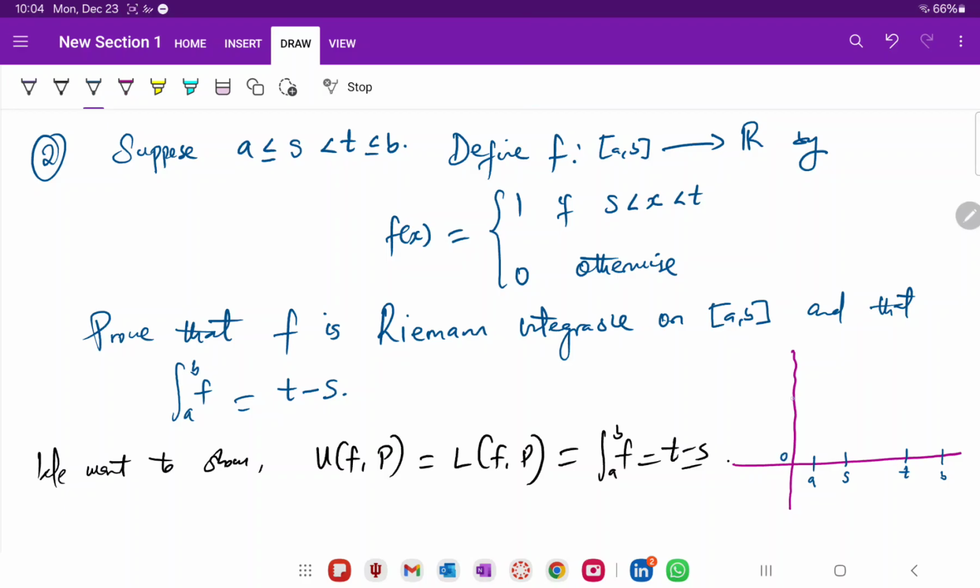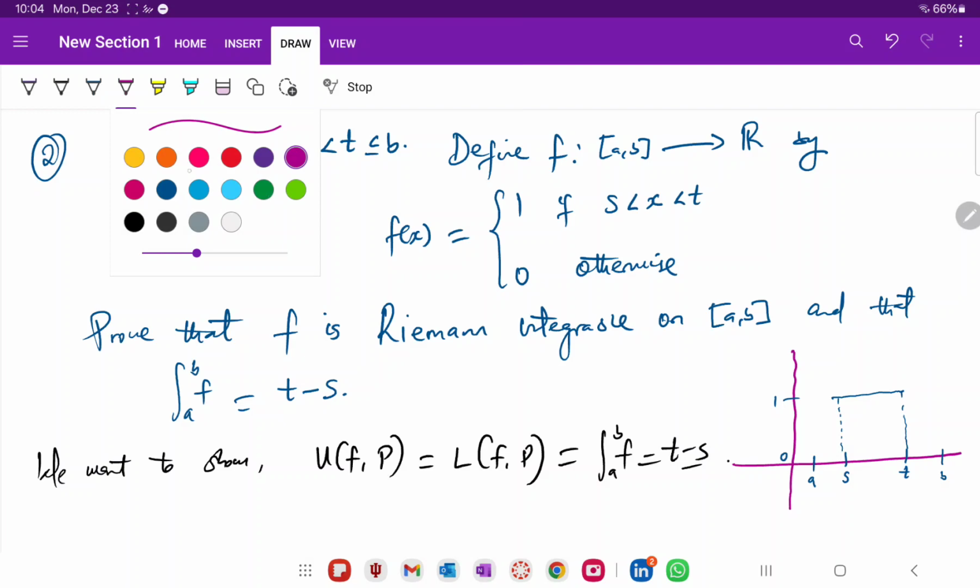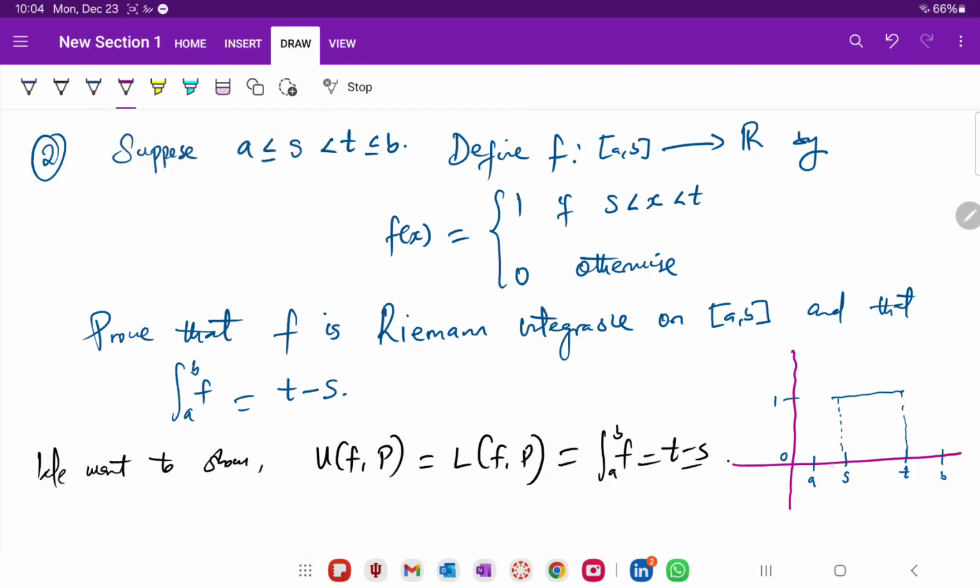We have our 0, then we have 1. So this is just like a step function. From x to t, our function is 1. Otherwise our function is 0. So at this point we have our function to be 0 by the definition of the function.